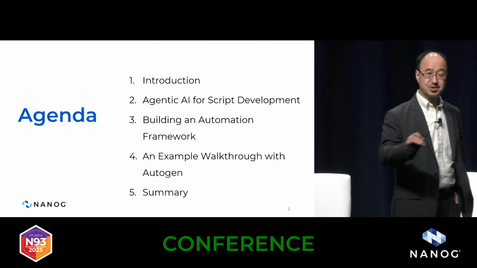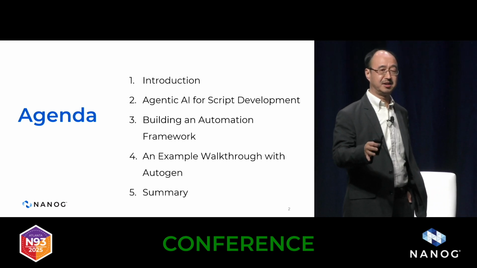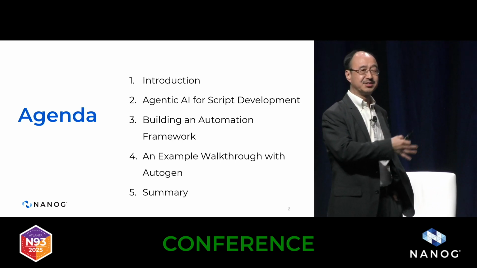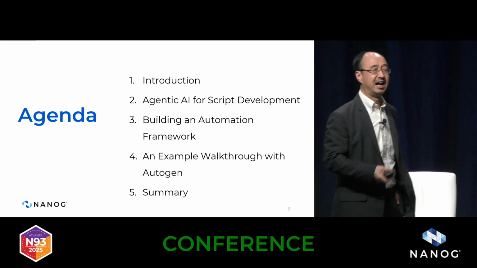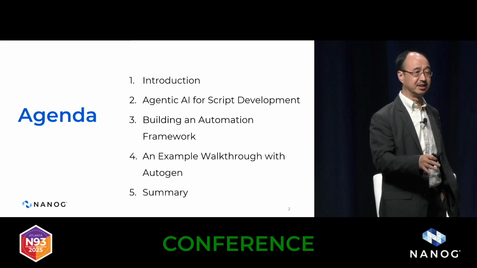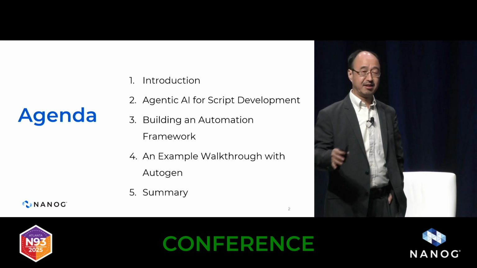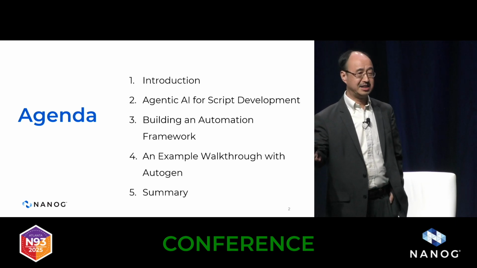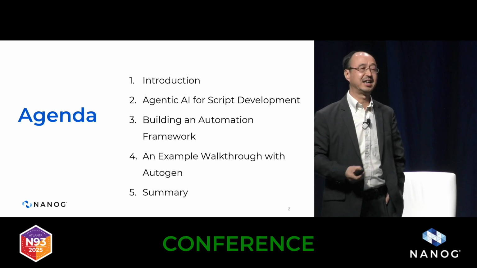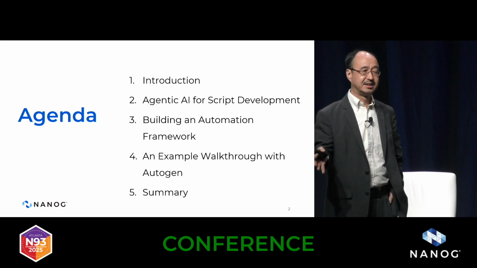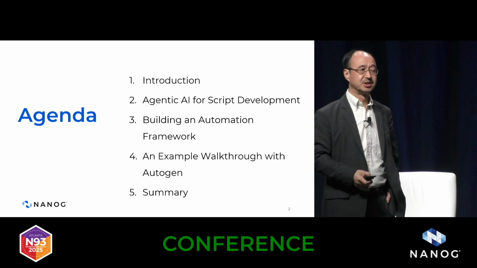We're going to start with an introduction on how script development is related to AI. Then we're going to look at how agentic AI in particular can be used for this purpose. Then we're going to explain what an agent is, what agentic AI is, and how it relates to script development.